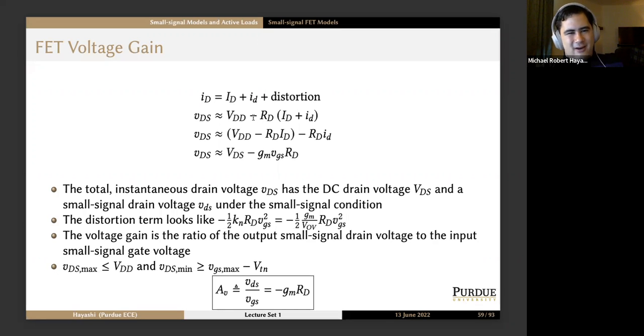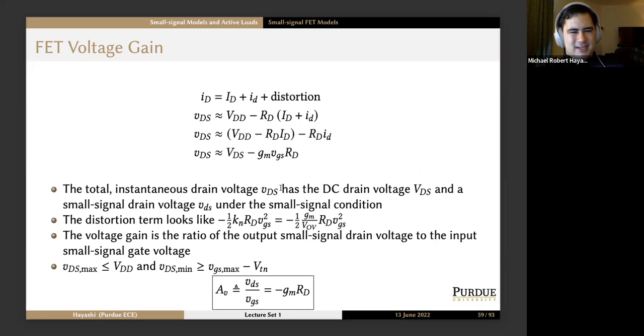So if we look at our equation for the voltage out, VDS is going to be approximately equal to VDD minus RD times the combined DC drain current and the small signal drain current. Rearrange this a little bit, we see that we have DC bits and then the AC bit. So VDS is equal to the DC drain to source voltage minus GM VGS RD.